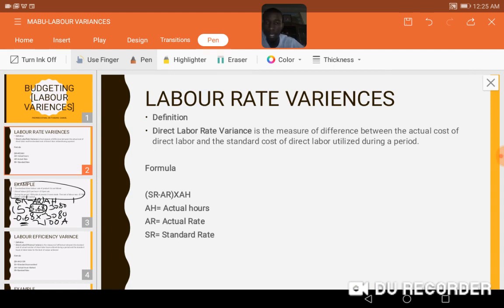Just focus on the figures in the brackets. For us to have a positive labor rate variance, this figure has to be big and this one has to be small. Therefore, our actual rate of labor has to be smaller than the standard, or expected, rate for us to have the positive, and vice versa.